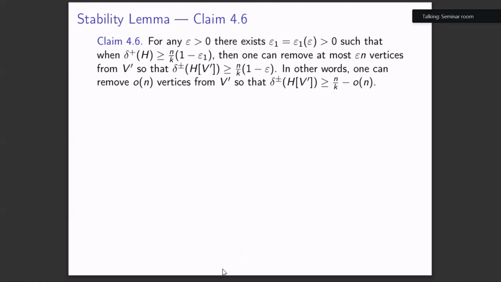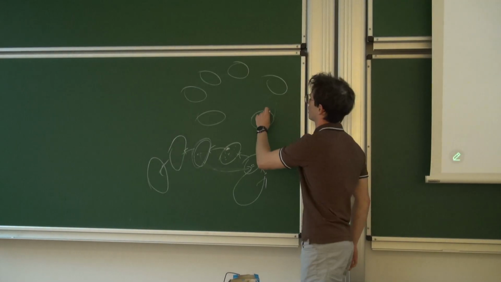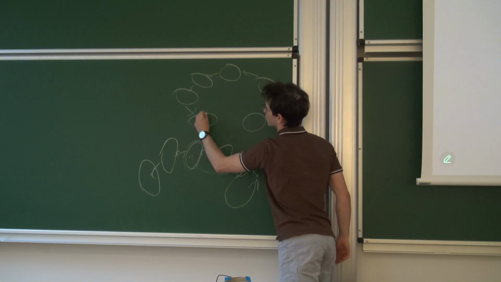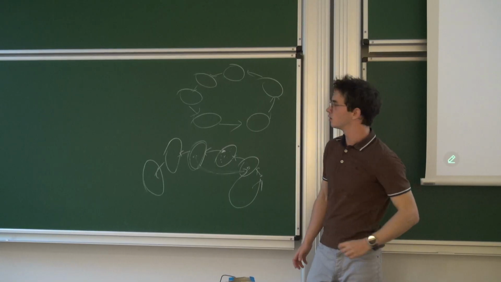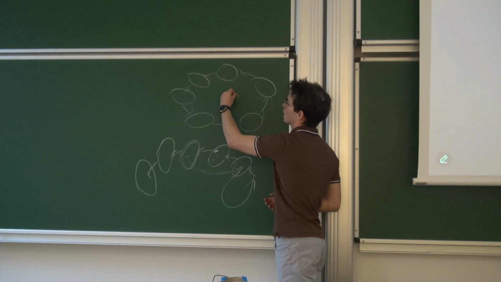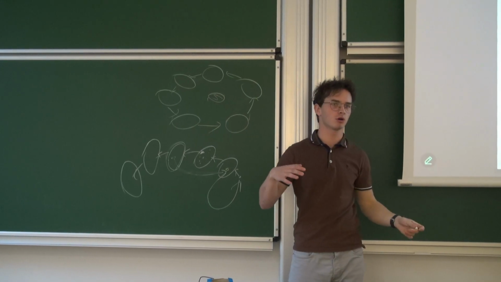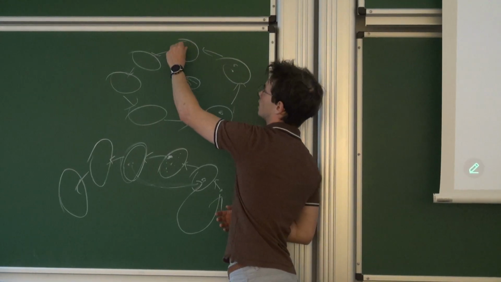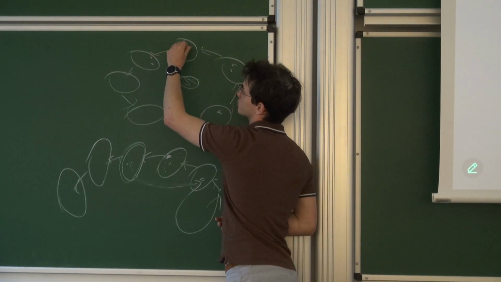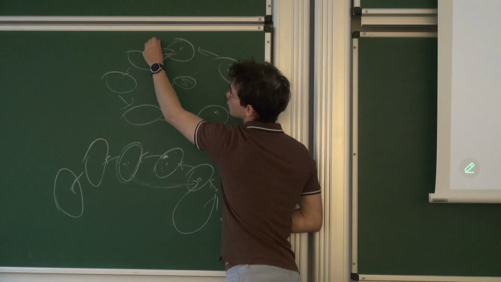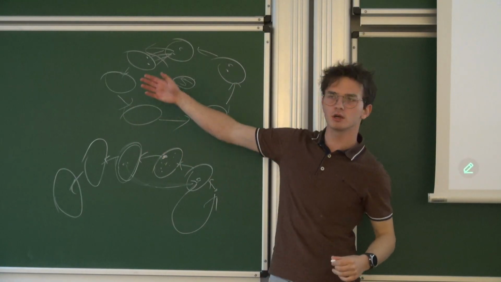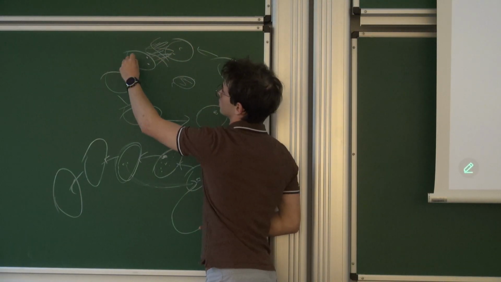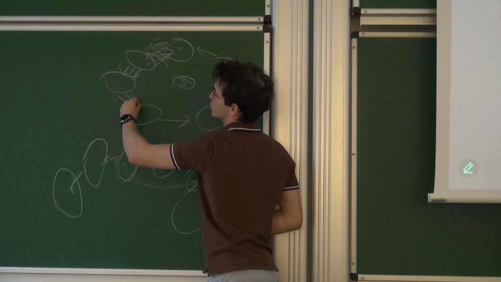But generally, we know already that we have a blow-up of a cycle of length k, and some small number of vertices which do not belong. And from this, we know that every vertex has a very large outdegree to the next blob, meaning that almost all edges between them exist.